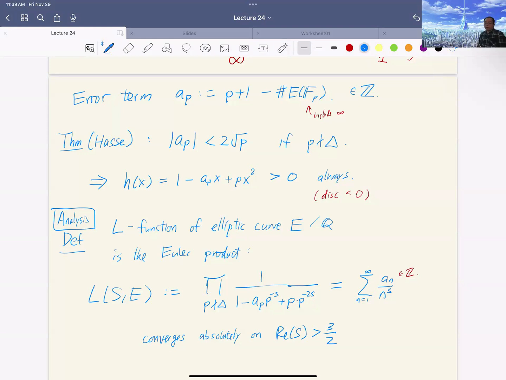Right, so this is the analysis side of elliptic curves. From number theory, we look at mod p and then use this mod p data to create the Euler product, which is now an analytic function. It should be small s, sorry. So s is a complex number.